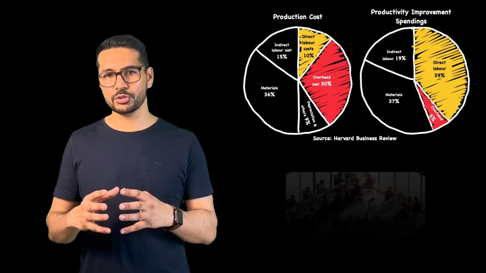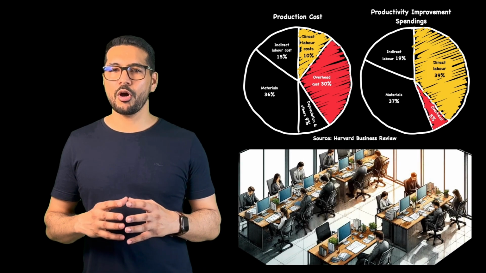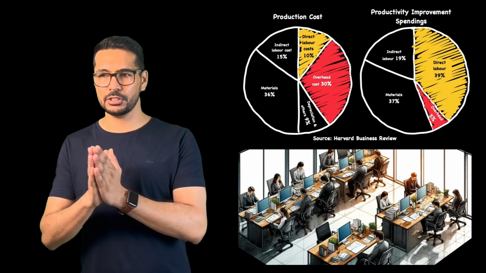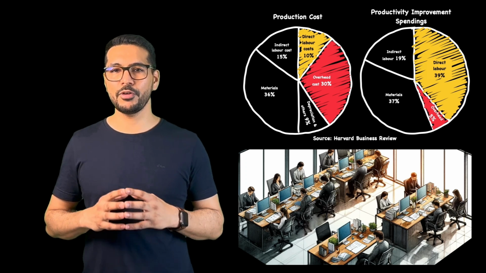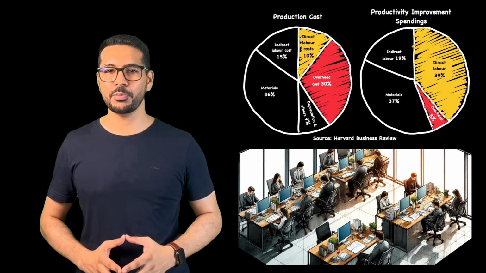But if we focus on reducing the waste in these areas, that can bring enormous productivity advantage. So if you are a lean expert, manager, or CEO and want to bring the company a very big productivity boost, welcome to the new era of productivity.